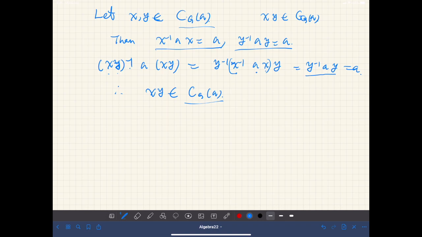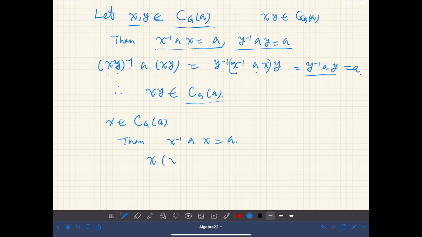And next, we want to show that x inverse also belongs to this set. Of course, I'm assuming x belongs to C_G(A). Suppose x belongs to C_G(A), then we have x inverse A x equal to A. Now multiply x from the left and x inverse from the right.